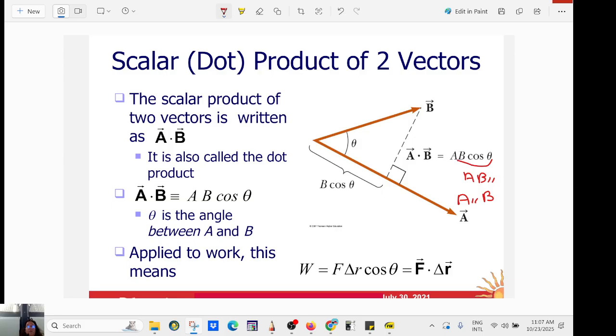For example, work is by definition the component of F parallel to the displacement times the displacement. That's a dot product, a scalar.